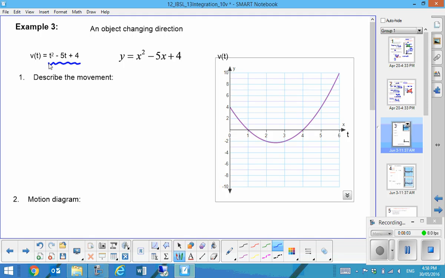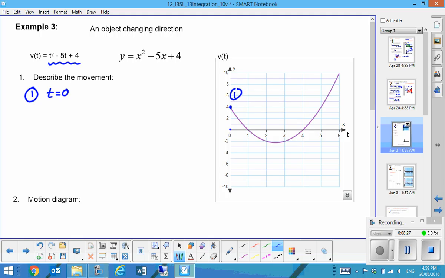Hopefully you remember, this is our time axis. At time 0, velocity is plus 4. So at this time, at the beginning, what's happening? The particle is moving with a positive velocity of 4, whatever the units are.